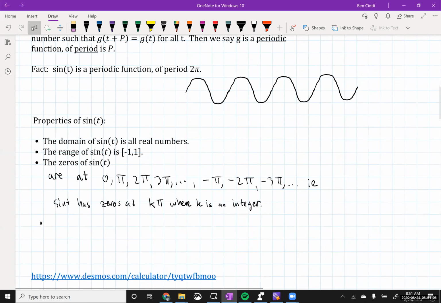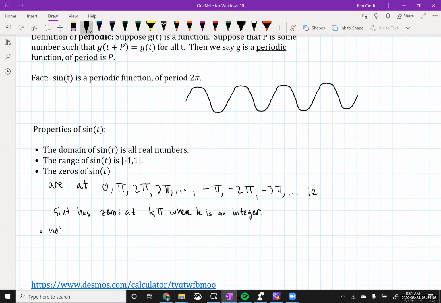I've already mentioned that, but notice the symmetry about 0, 0, i.e. sine t is odd, i.e. sine of negative t is negative sine of t.